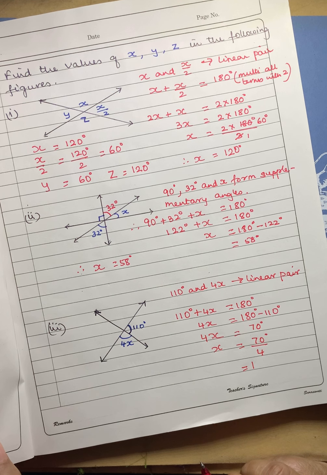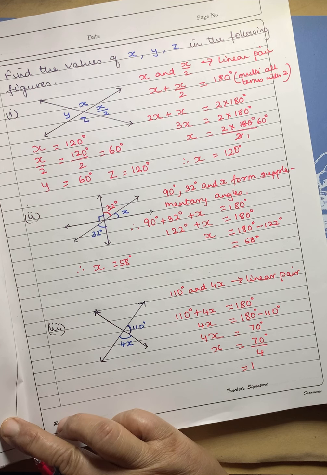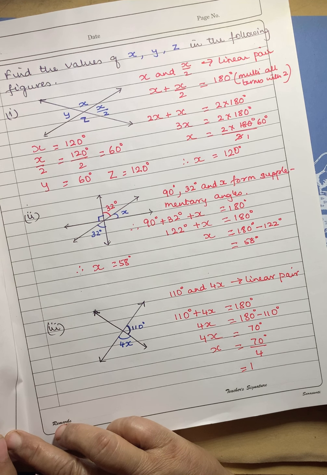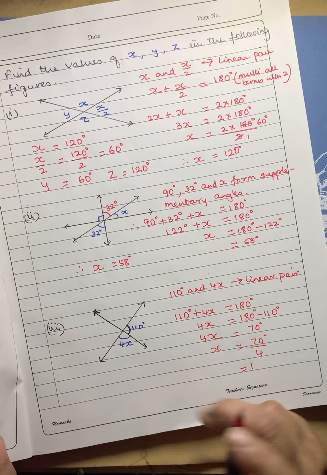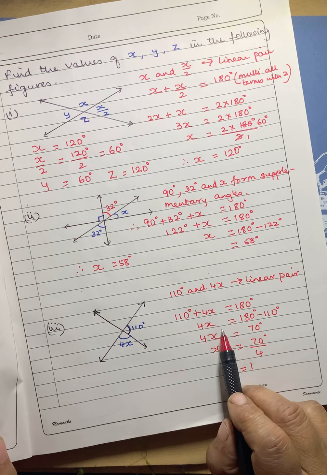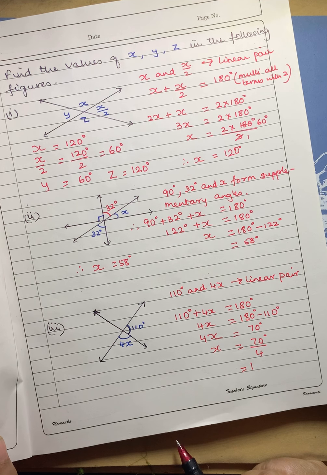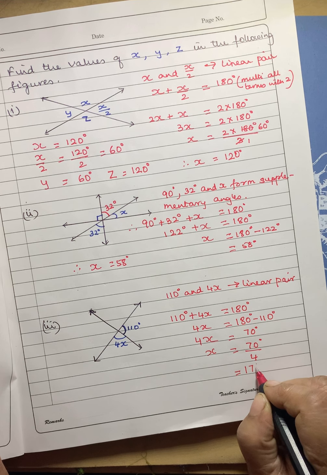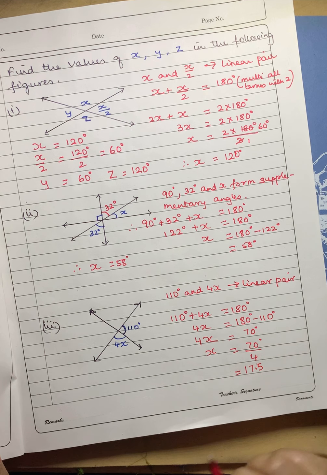4 ones are 4, 3 remainder here. There is some mistake in the question here. It cannot be 4x. You are getting a fraction anyway right now. 7 fours are 28 and 2 upon 0.5 degree, which is not correct.